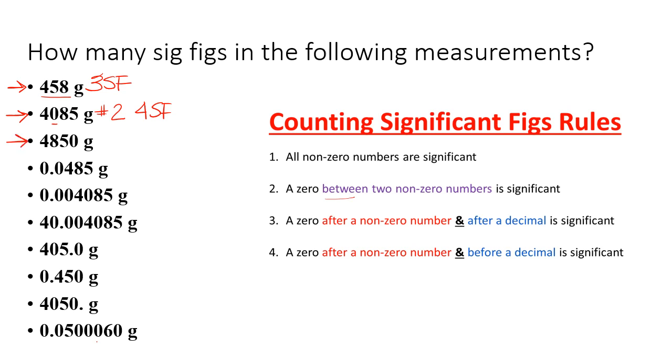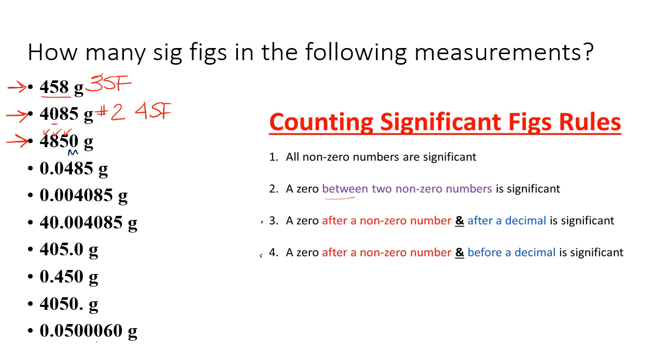The next one, we get into some having to read carefully rules 3 and 4. So we know the 4, the 8, and the 5 are significant. The only thing that's in question is this 0. So let's read rule 3 and 4. First, is it after a non-zero number? Well, yes, it's after the 5 or the 8 or the 4. Any of those count as the non-zero number that it's after.